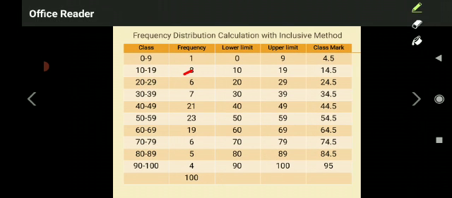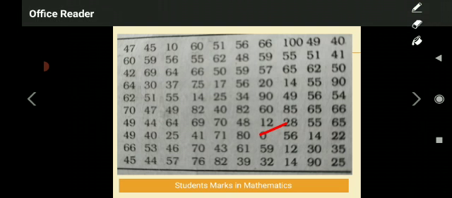Like this, up to the last class interval, that is 90 to 100. Between 90 to 100 there are 4 observations. I'll show which those observations are.